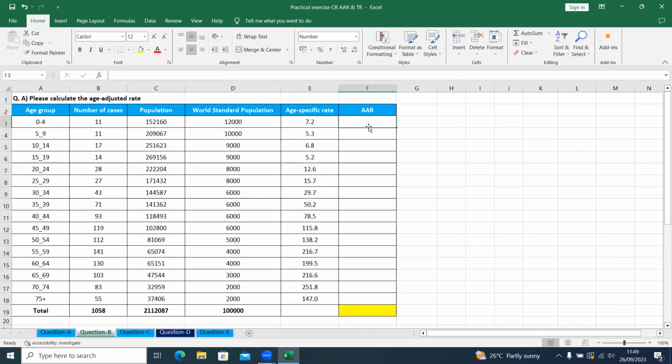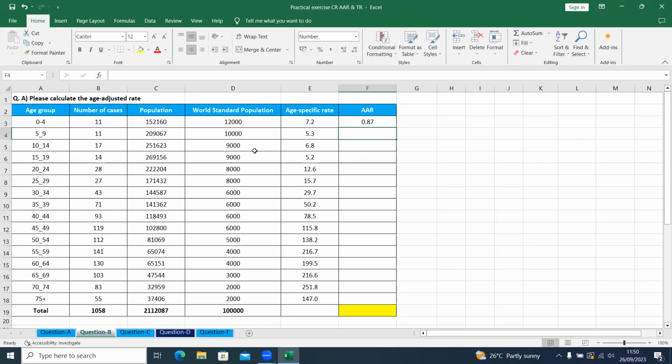Next we do the calculation with age specific rate and world standard population. Here we can see the world standard population in different age groups. If we do the summation, it would be 100,000. So the step is age specific rate into world standard population of that age group divided by 100,000.